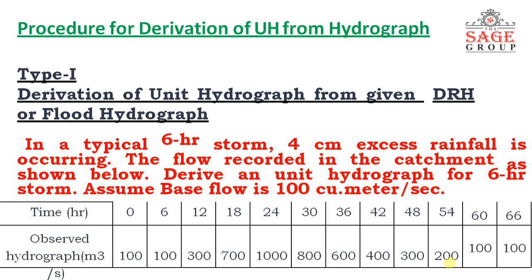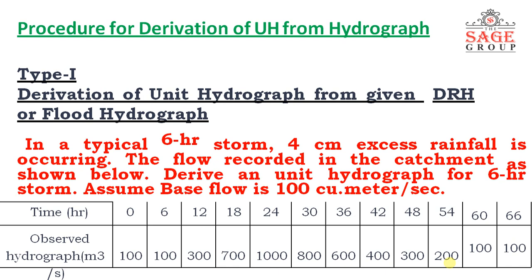The time values are 0, 6, 12, 18, 24, 30, 36, 42, 48, 54, 60 till 66. This is in hours, right? So it is a typical 6-hour storm, and the base interval here is 6 hours.